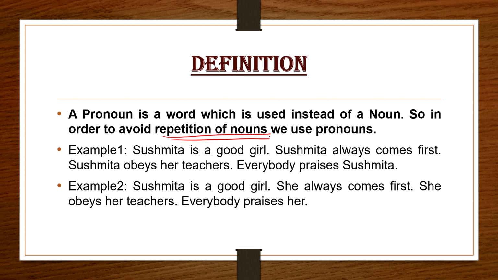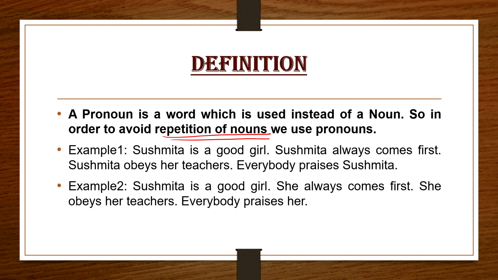Now let us take an example. Sushmita is a good girl. Sushmita always comes first. Sushmita obeys her teachers. Everybody praises Sushmita. So as you can see in example 1, the noun Sushmita is repeated again and again. Now, let us look at example 2.